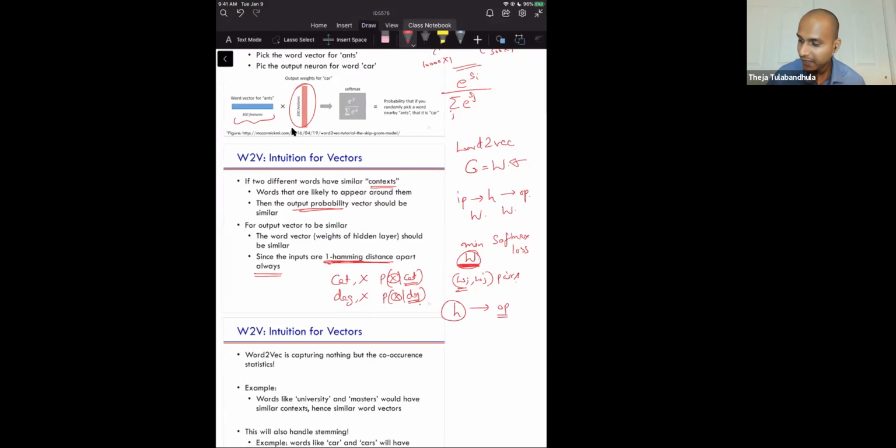If hidden vectors have to be the same, the input has to be the same, but the inputs are different, right? There's a 1 for cat somewhere, and for dog the 1 is somewhere else. Because inputs are different, only W can change, it's a linear transformation, so that these two map to the same output. So that's the intuition.